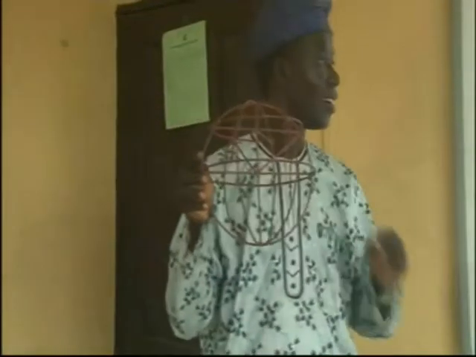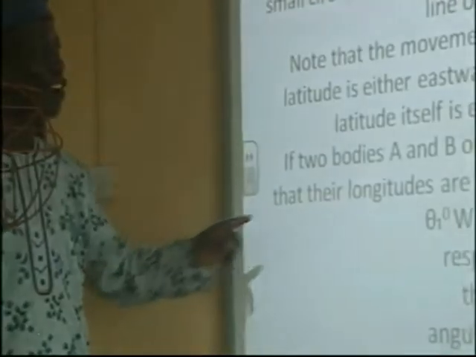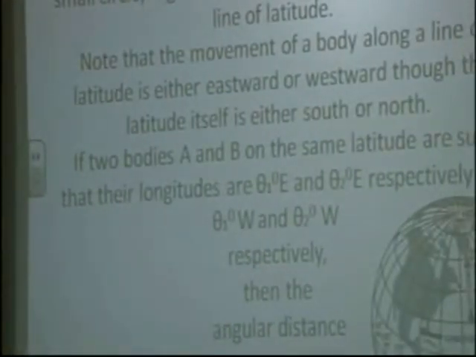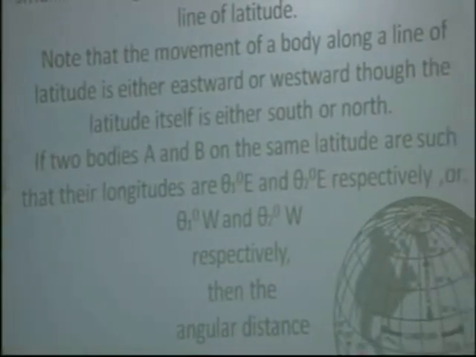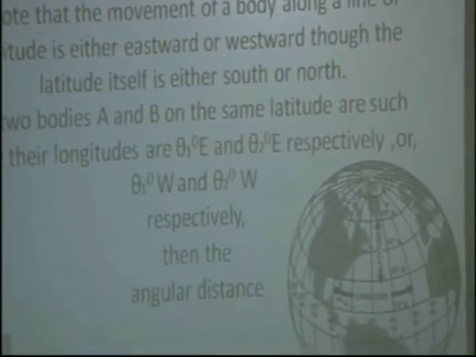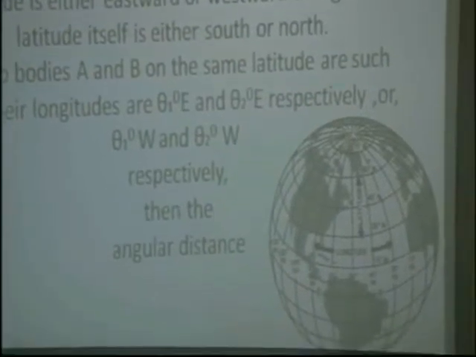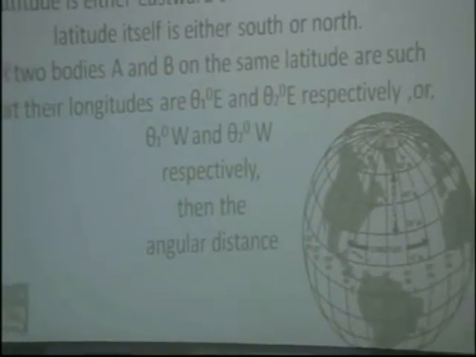Now, if two bodies A and B are on the same latitude, such that their longitudes are theta 1 degrees east and theta 2 degrees east, respectively, or theta 1 degrees west and theta 2 degrees west, respectively, then the angular distance, let me keep in suspense. Here is a line of latitude.